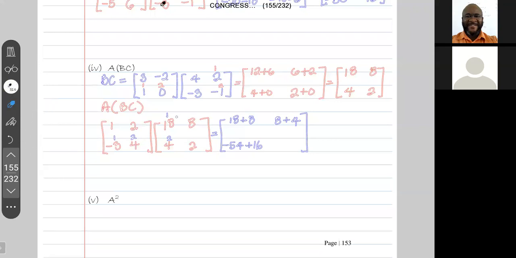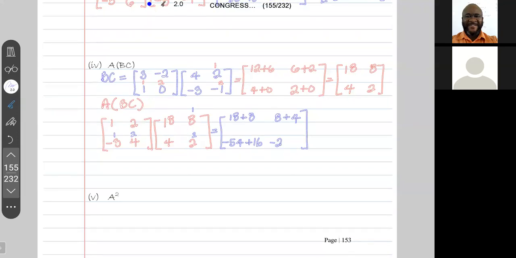Lastly, bottom row, right column. First element in the row, -3, times the first element in the column, 8. -3 times 8 is -24. Then second element in the row, 4, times the second element in the column, 2. 4 times 2 is 8.